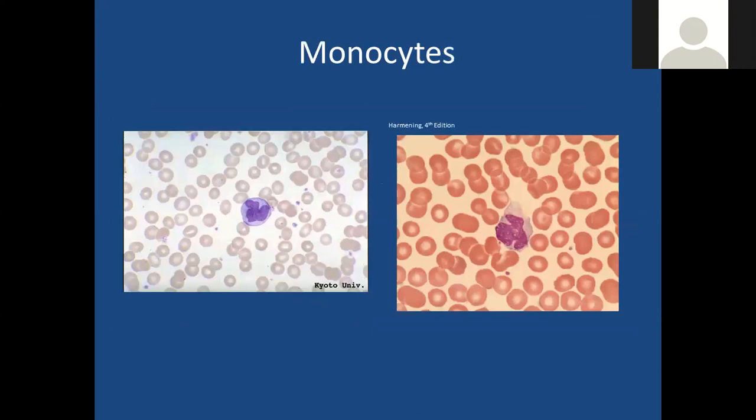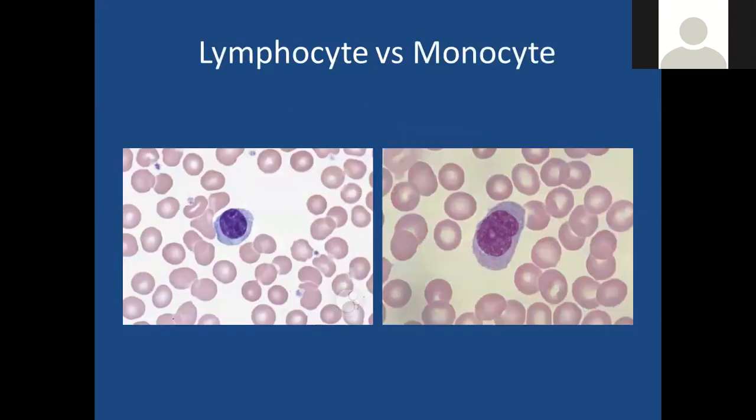All right, so these are some examples of monocytes. Notice the nucleus, the fine chromatin clumping, and again that gray cytoplasm. Both of those are monocytes. Now a lymphocyte versus monocyte. You can use size as a good comparison for this. Remember that the monocyte is the largest cell in normal circulation.